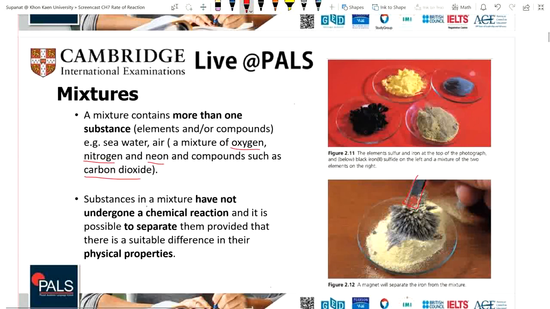It doesn't have any chemical reaction. And it is possible to separate them provided there is a suitable difference in their physical properties. We will separate them by the physical properties, for example, the solubility.